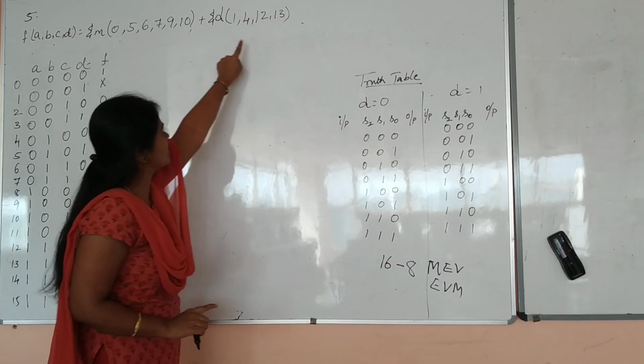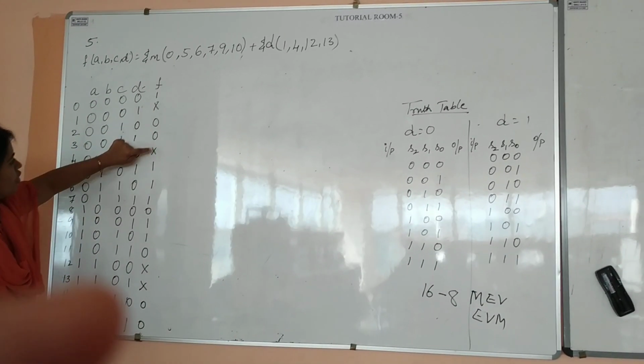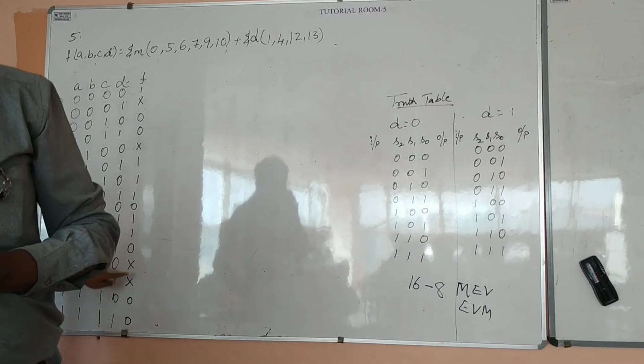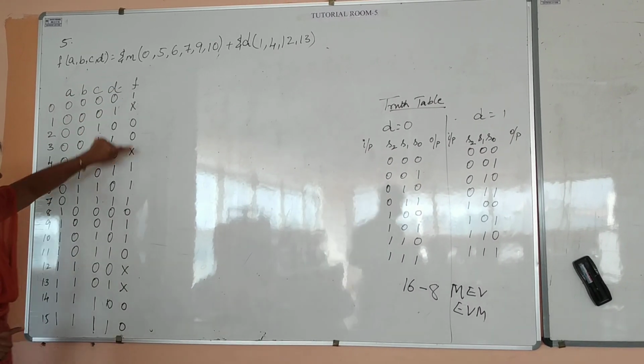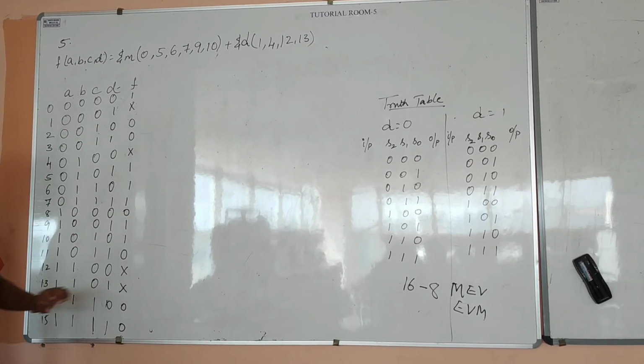In the places of don't care, 1, 4, 12, 13, let us place don't care. In the remaining places we will place 0. This is how you need to write the truth table.